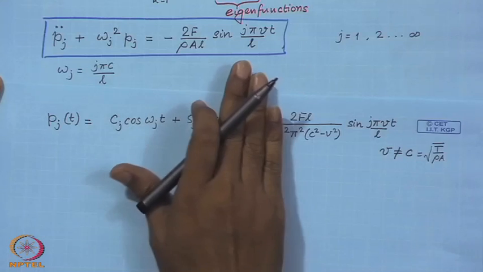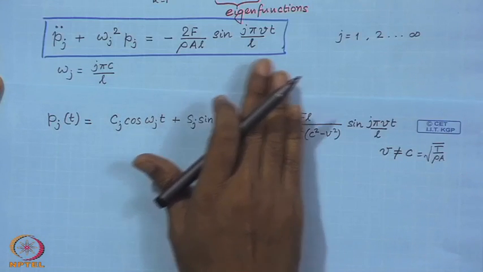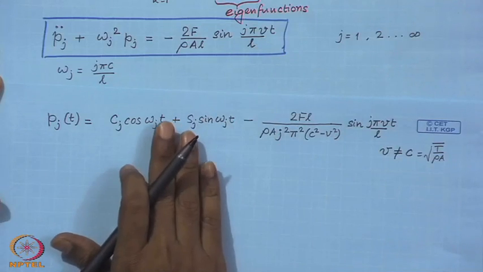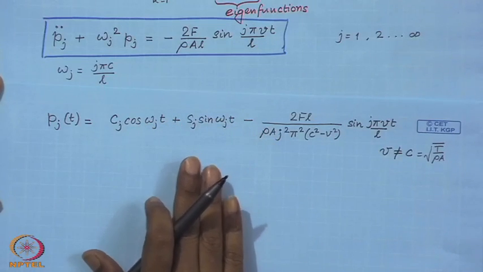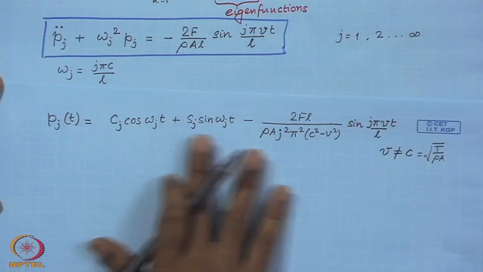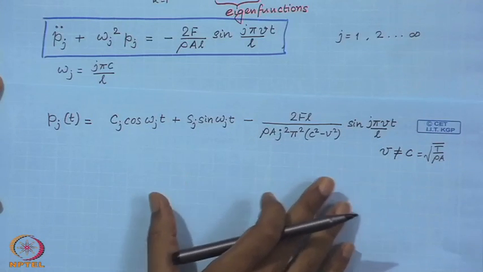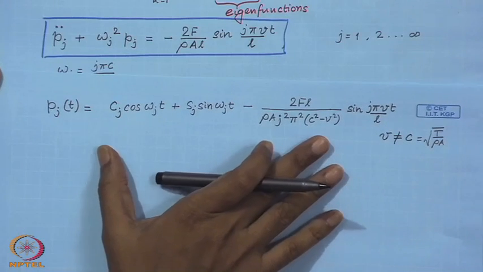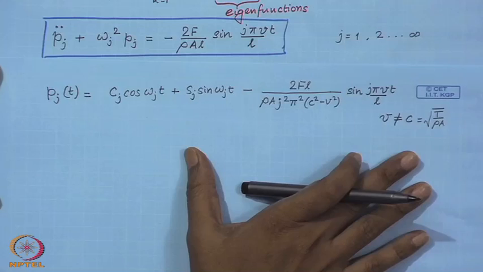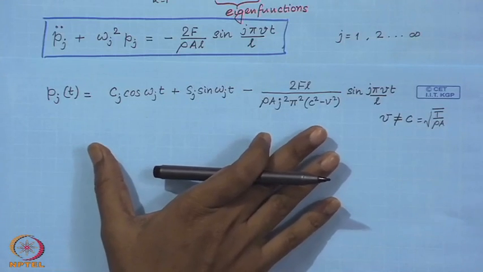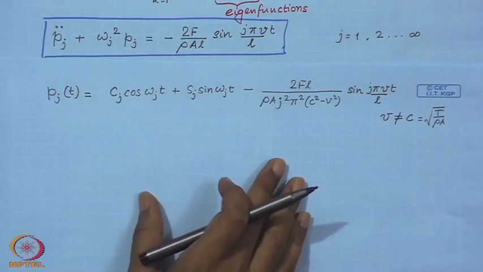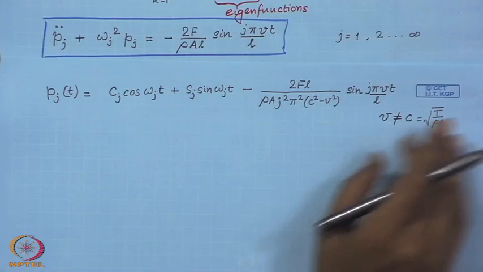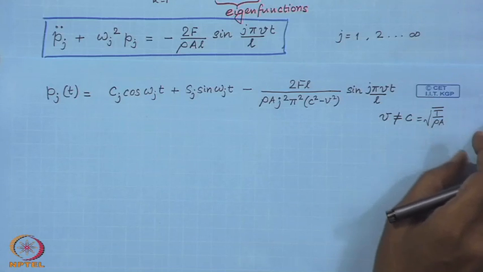So, all modes will be in resonance if V equals C. So, that would be a resonant forcing of the string and the solution is, as you know already, in a different form. So, this solution is valid as long as V is not equal to C. You can also find out the resonant solution using the standard techniques that you have studied in a course on discrete vibration.